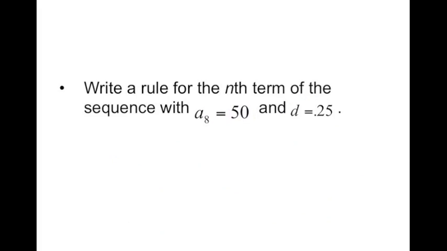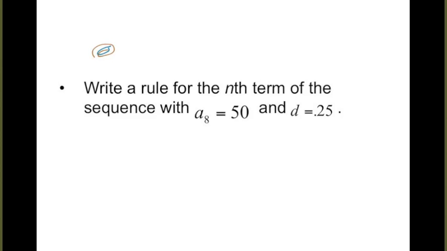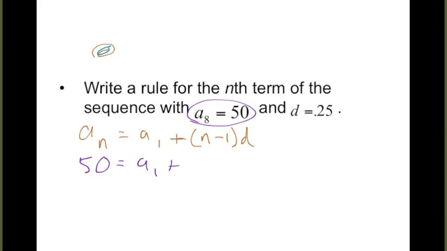Our next example is exactly the same type, so go ahead and try this one. All right, so our formula is a sub n is a sub 1 plus n minus 1 times d. By giving us a sub 8 is 50, they actually give us two pieces of information: one of the terms is 50, and that it's the 8th term. So we have an n value and a term value from that one piece of information.